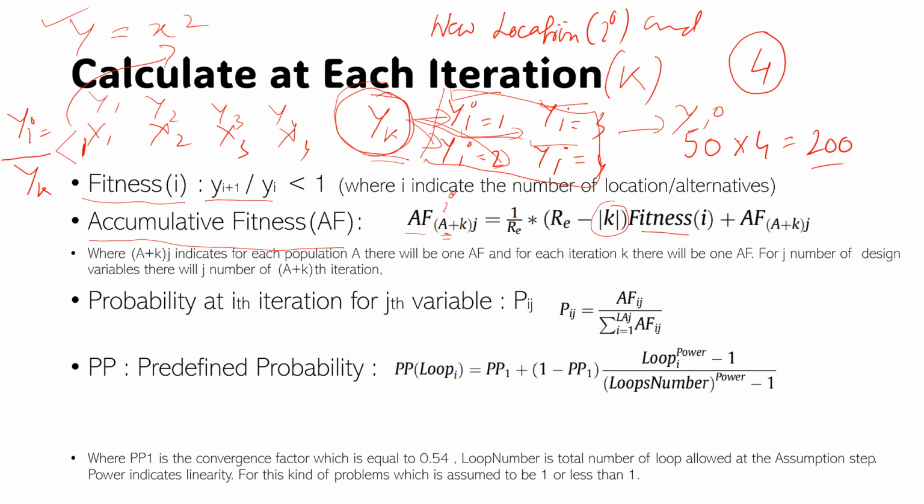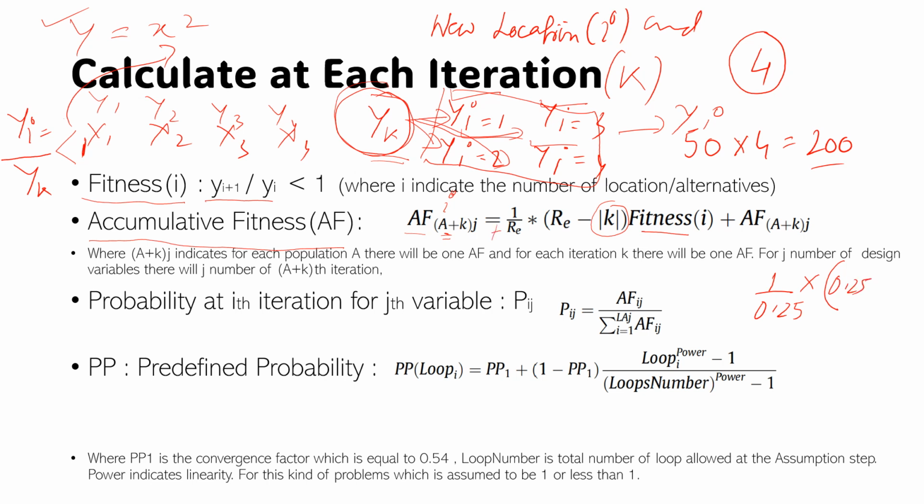So for each value of this I, what is 1 by RE? First you say 1 by RE is 1 by 0.25. Correct? Now multiplied by, again this will be your 0.25, because this is plus RE.